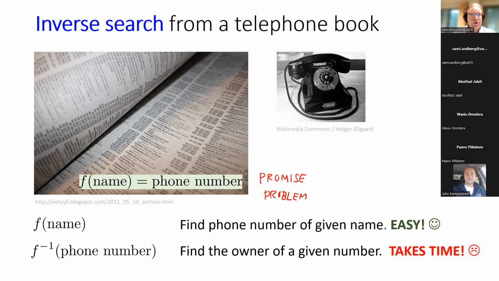There cannot be any other cases. Likewise, in this telephone searching idea, we would be guaranteed that this number belongs to someone, so it's somewhere in the book, and only one person or company owns that number, but we don't know where it is. That's a promise problem. If we had something which is not in the phone book, that would be outside the scope of this kind of problem.